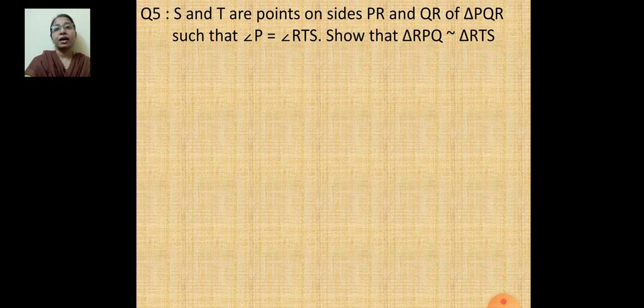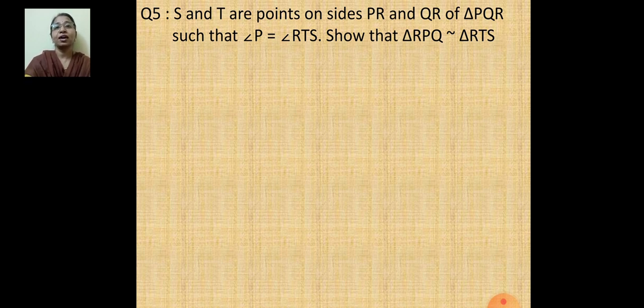So draw one triangle PQR. You take point S on PR and a point T on QR such that angle P is equal to angle RTS. Then show that triangle RPQ is similar to triangle RTS.